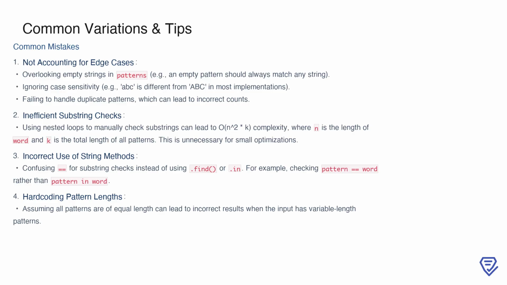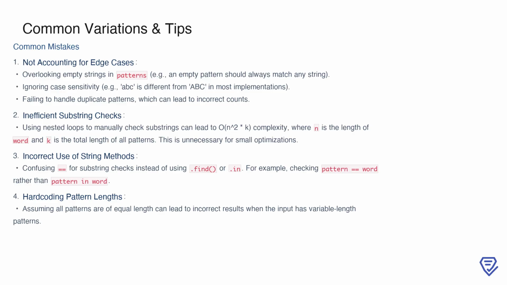Efficiency is another area where mistakes happen. Using nested loops to manually check substrings can lead to a time complexity of O(n squared * k), which is far from ideal, especially when simpler methods exist. Finally, be cautious with how you use string methods. For instance, relying on == to check for substring matches instead of using methods like .find, or the in keyword, can result in errors.